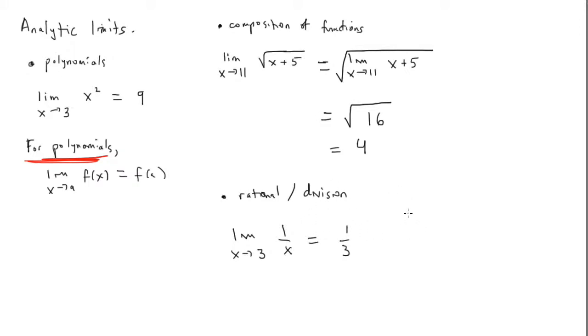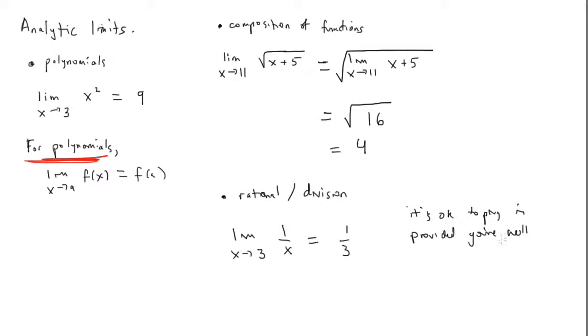So for division, it's okay to plug in provided you're away from asymptotes. Maybe we could say this a little differently, that you're well within the domain.